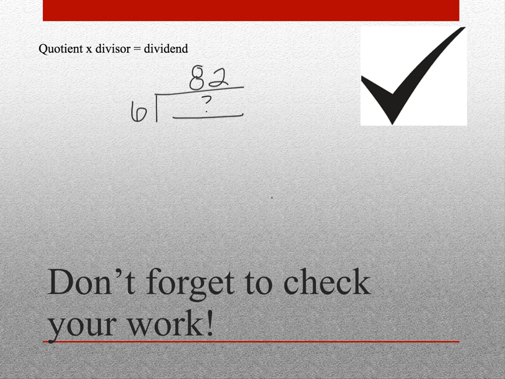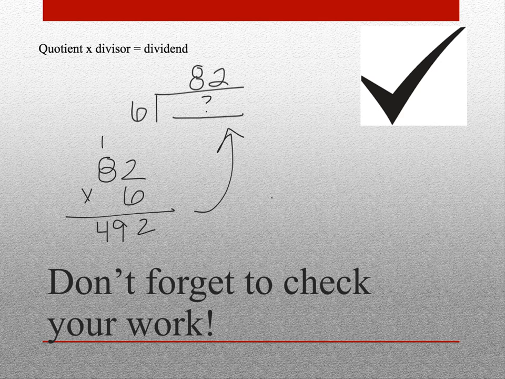Because if I take the quotient, in this case it's 82, and I multiply it by the divisor, in this case it's 6, it should give me the unknown dividend. My missing dividend here would be 492, because again, the quotient times the divisor should give you the dividend.